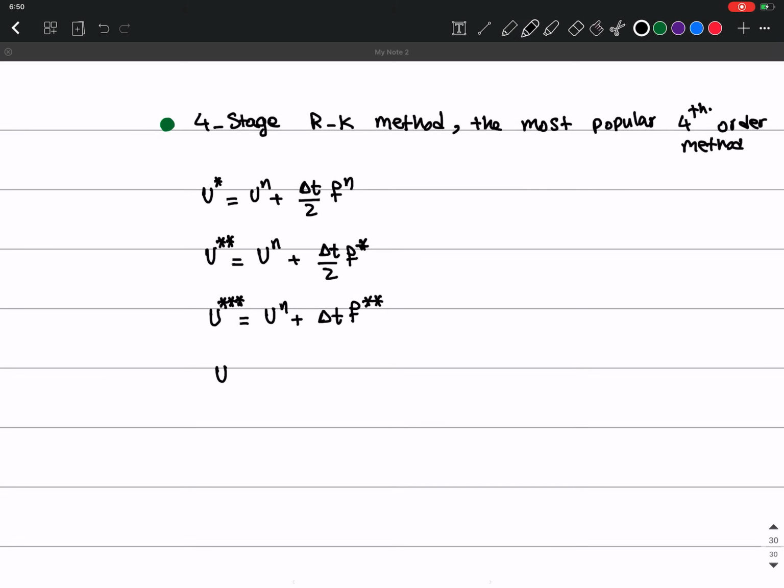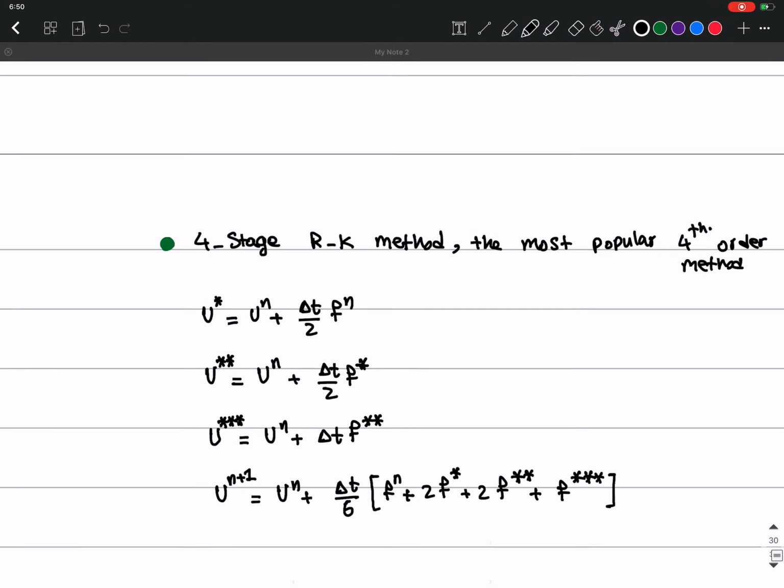And finally, UN plus 1 is UN plus delta T over 6 times Fn plus 2 F star plus 2 F double star plus F triple star. Okay, this is a four-stage method.